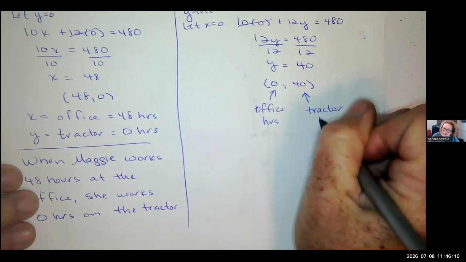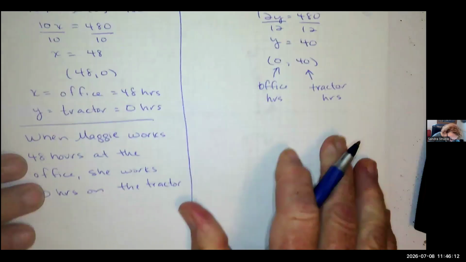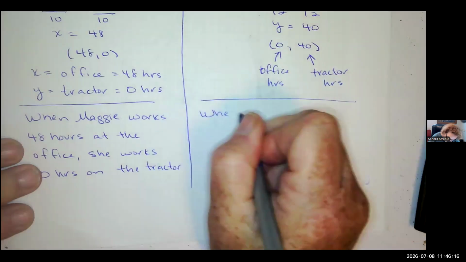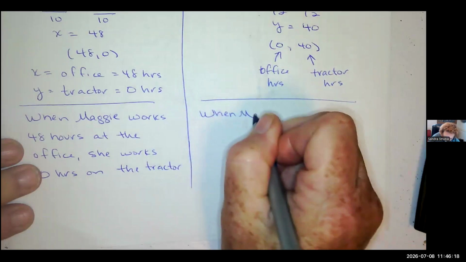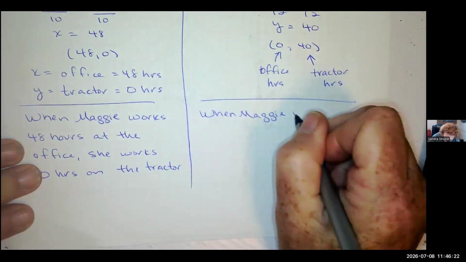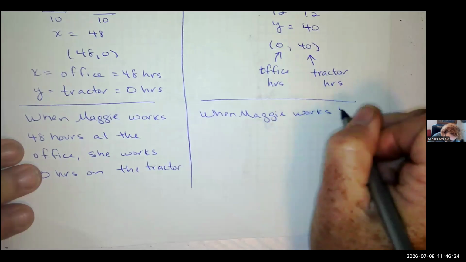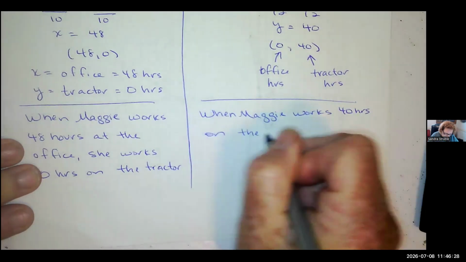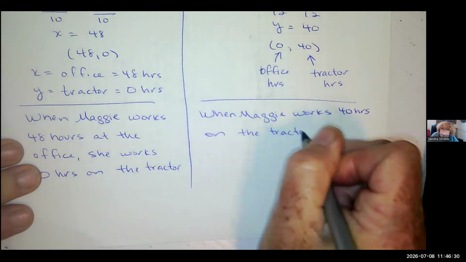So writing the interpretation, when Maggie works 40 hours on the tractor, she works 0 hours at the office.